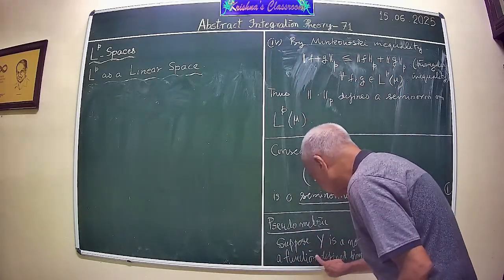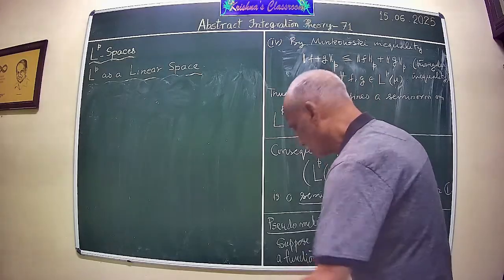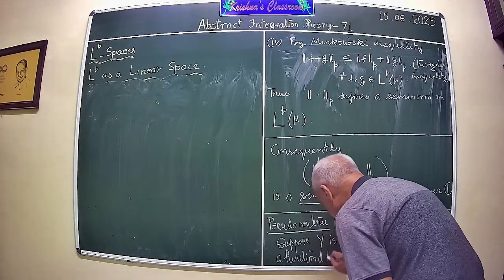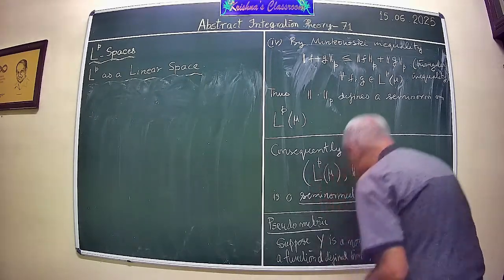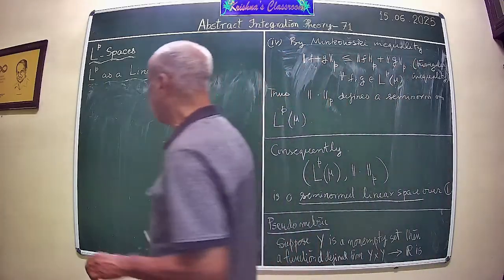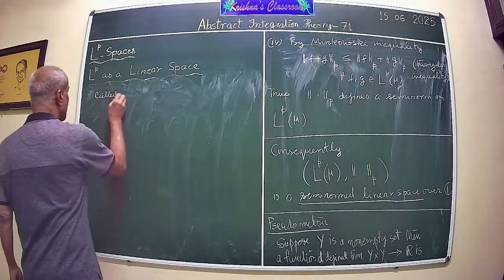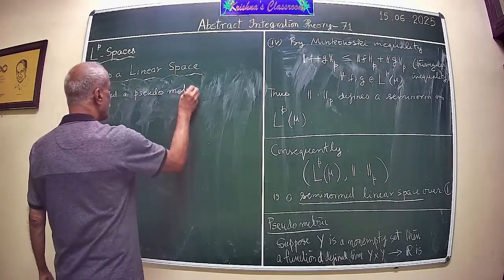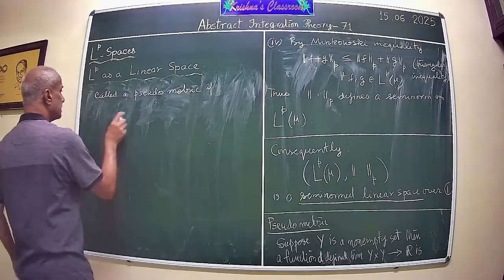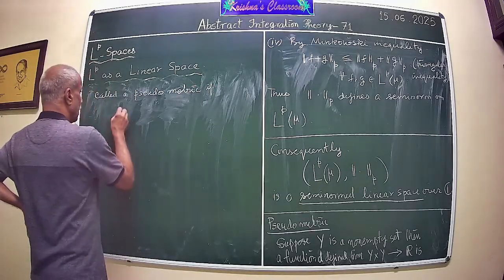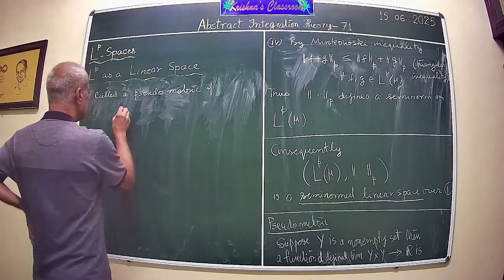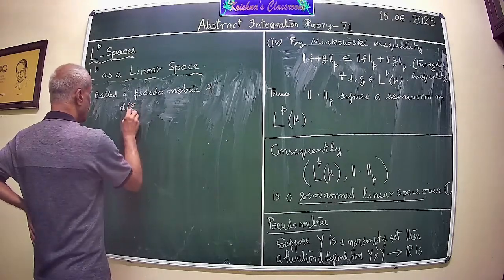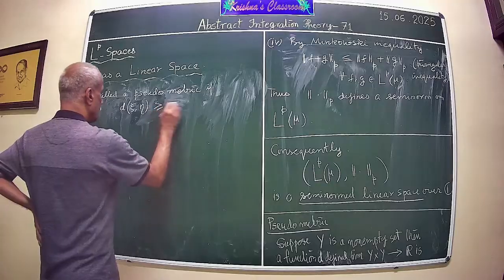We'll just give a notation for that. The first property is that d(psi, eta) is greater than or equal to 0.